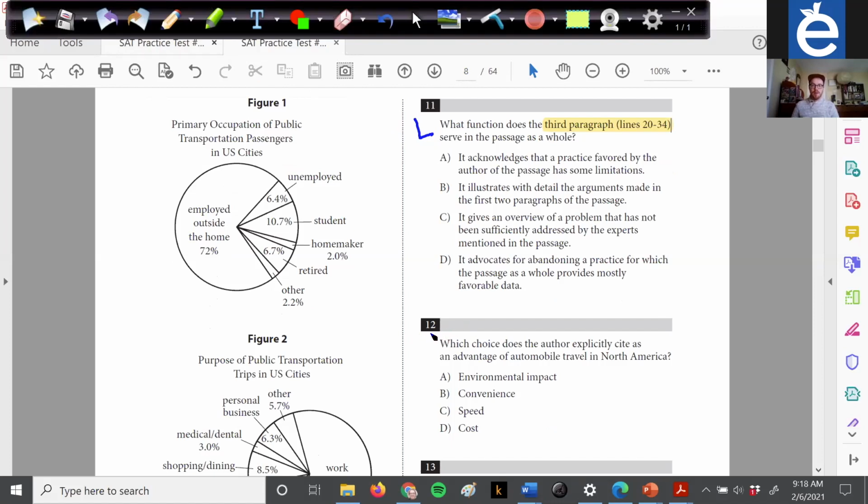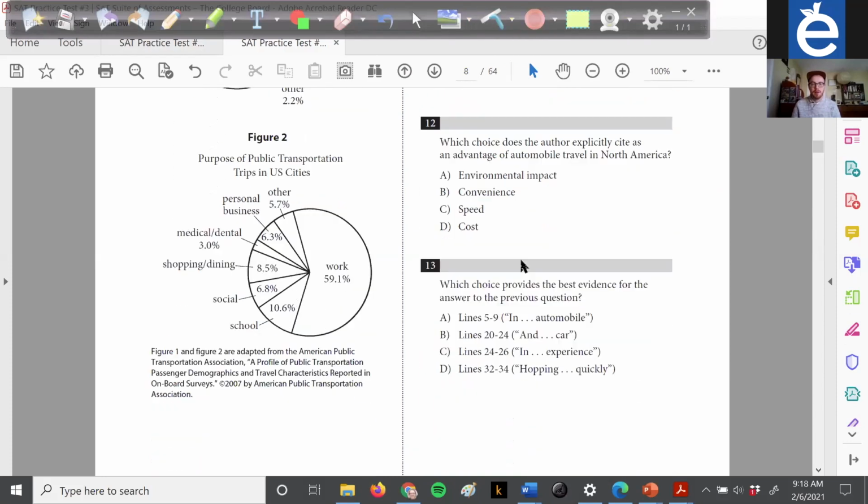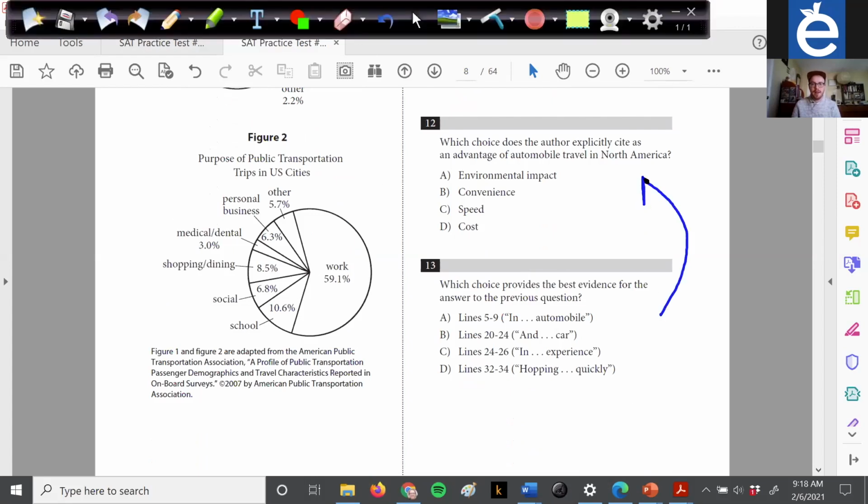Number 12, which choice does the author explicitly cite as an advantage of automobile travel in North America? Well, this seems like a broad question, doesn't it? Seems like something we would have to kind of read the whole passage to find out. Until we scroll down and realize that this is a connected question.